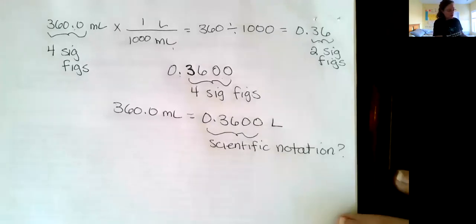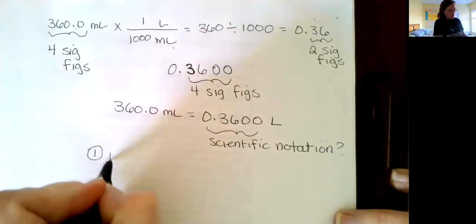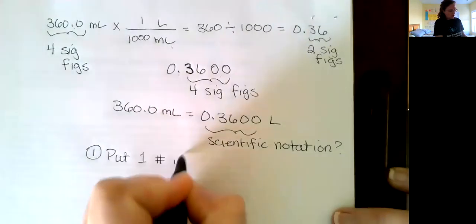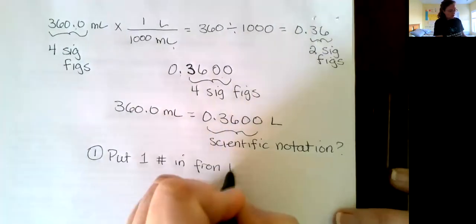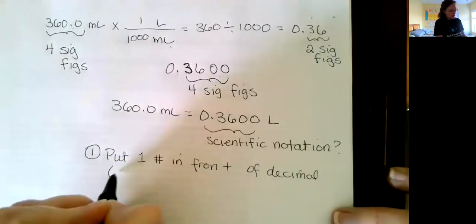Here we go. The rule is, step 1, put 1 number in front of the decimal. It's going to be the guy that's the farthest to the left.